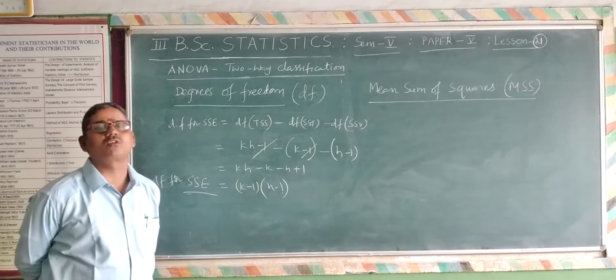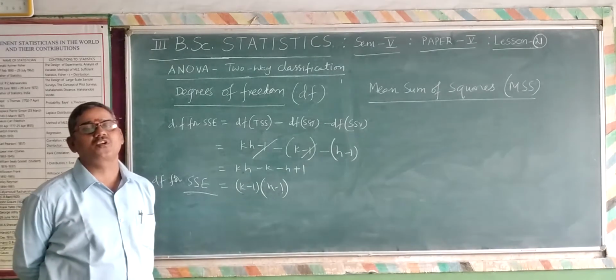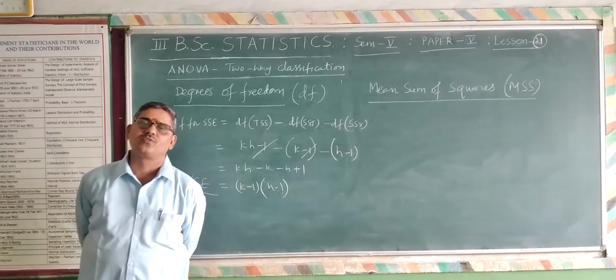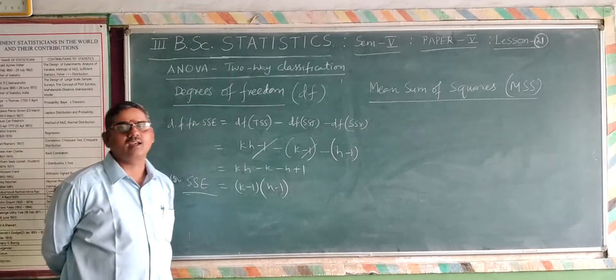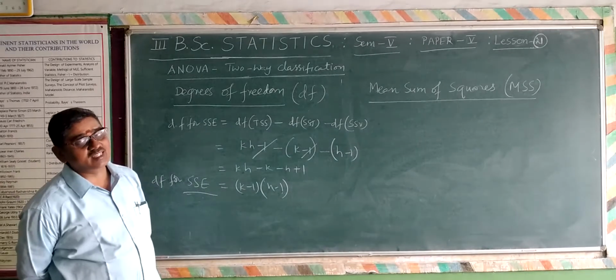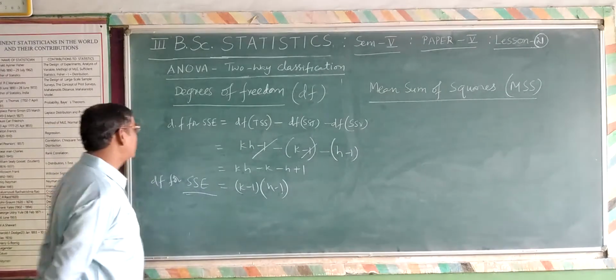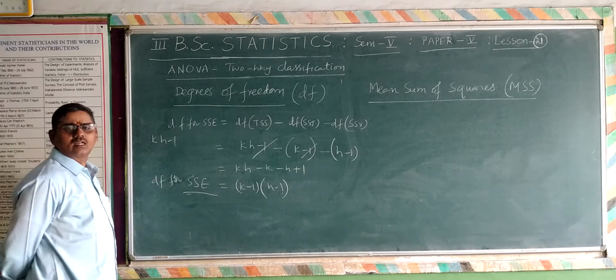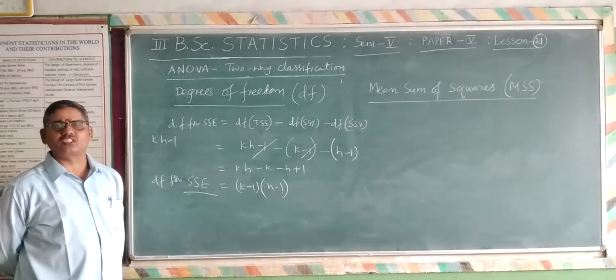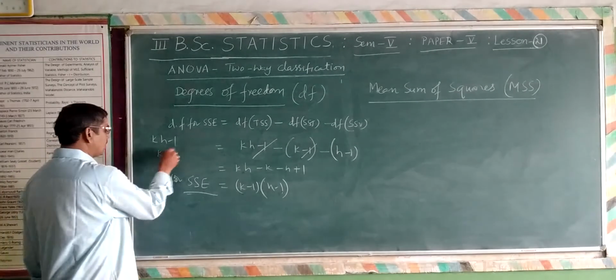This is how you calculate the degrees of freedom for the total sum of squares, the sum of squares due to the treatments, the sum of squares due to the varieties, and the error. The total sum of squares degrees of freedom is kh minus 1. For the sum of squares due to the treatments it is k minus 1.